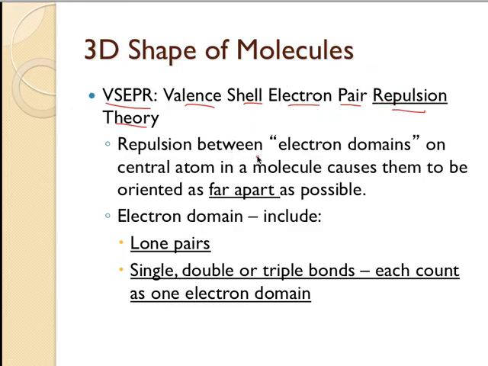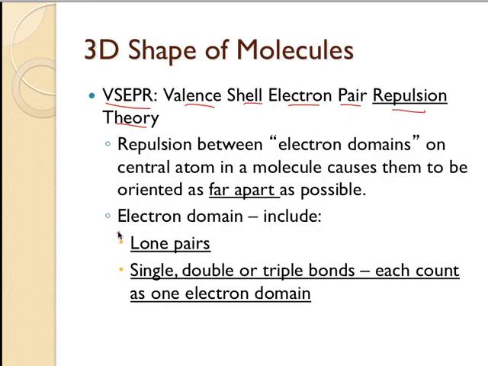The repulsion between electron domains on the central atom in a molecule causes them to be as far apart as possible. It makes sense because electrons are negatively charged, so they're going to be in 3D space as far away from each other as they can be.